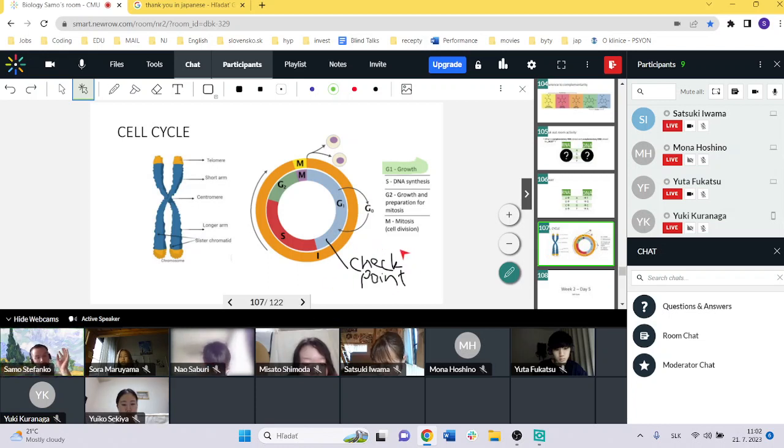However, if something goes wrong and the cell detects some error or issue, there are two possibilities of what can happen. The first one is that the cell will stop the cell cycle and will not continue in the cell cycle, or if the error is more serious, the cell undergoes apoptosis.